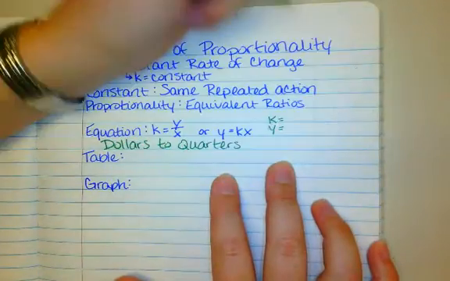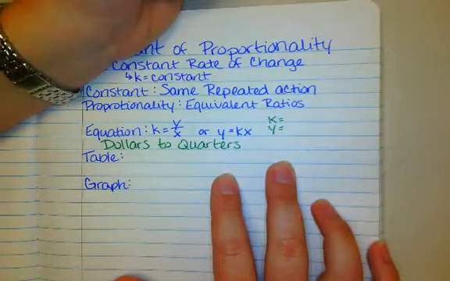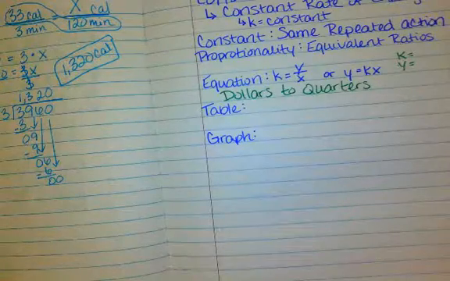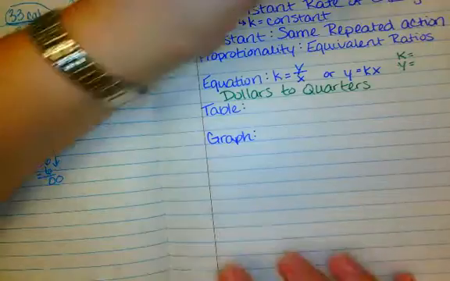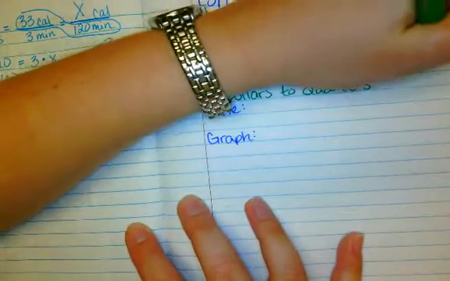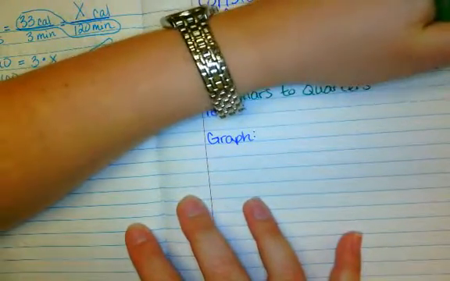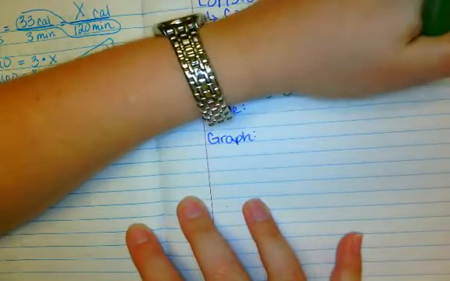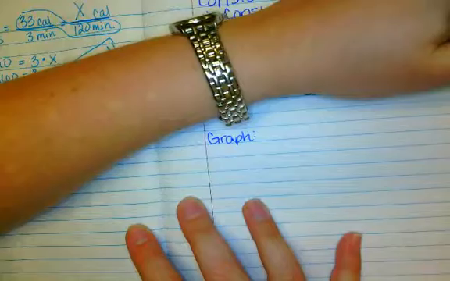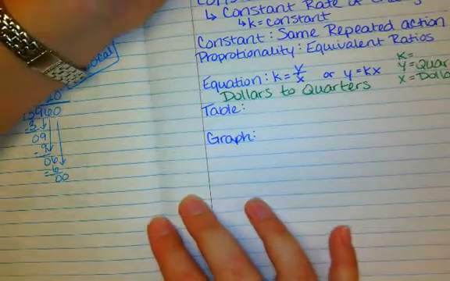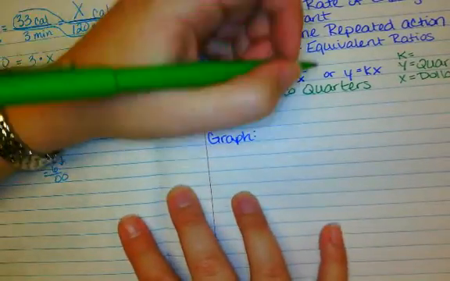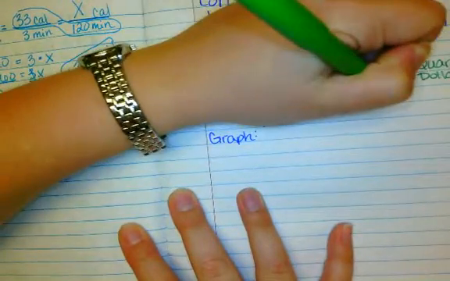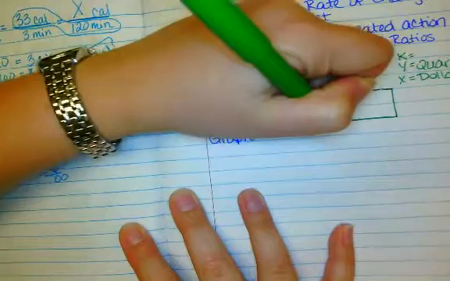My y equals my quarters, and my x equals my dollars. And we're going to see if this is going to have a constant relationship. I'm going to show you an example, and I think it will make more sense once we see this example.